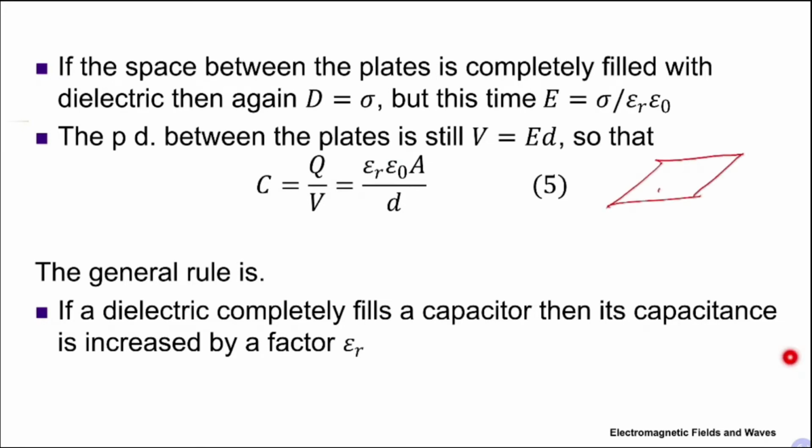So A is the area, which is my W1, W2. D is the separation. And then epsilon R is the relative permittivity of the materials you put in between them.